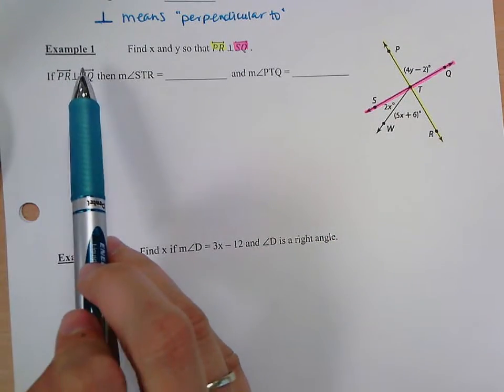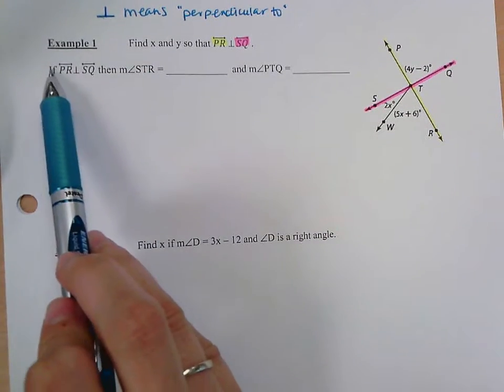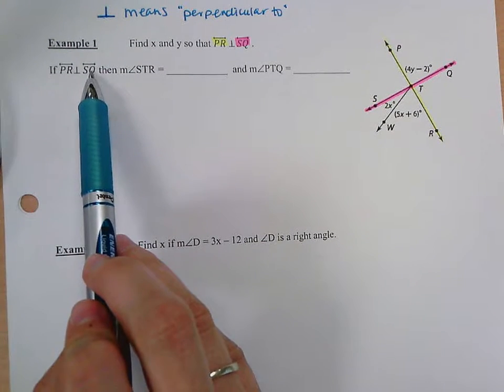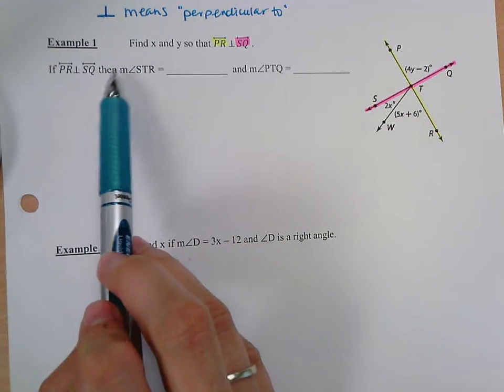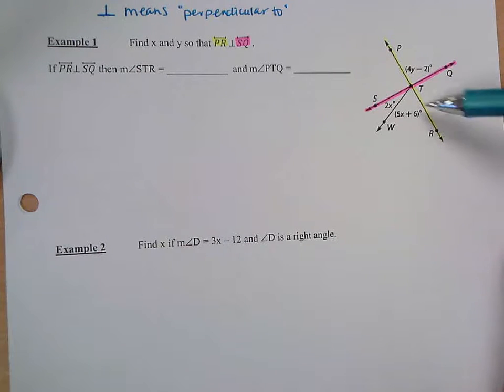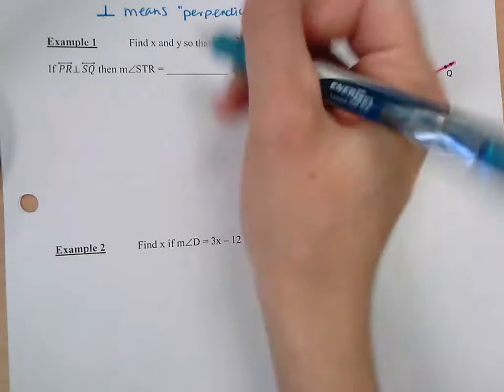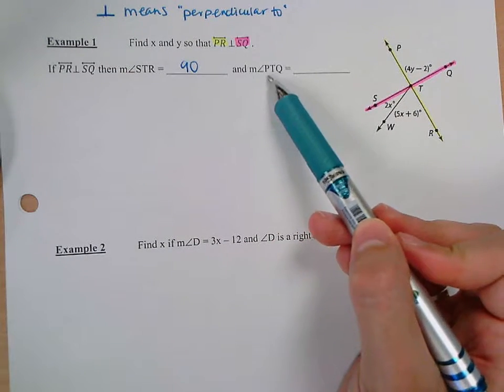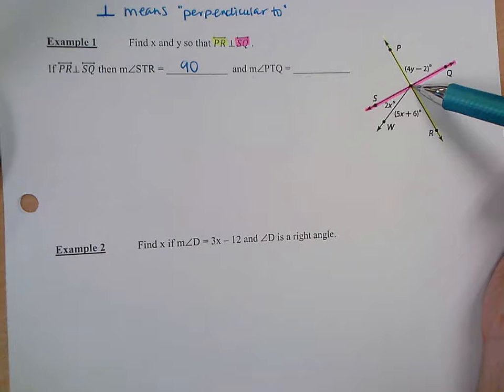To help you out, it says if line PR is perpendicular to line SQ, then the measure of angle STR, what must the measure of this angle be? 90. If those lines are perpendicular, STR must be 90. And then the measure of angle PTQ, that's this angle, what measure must that be? 90 as well.